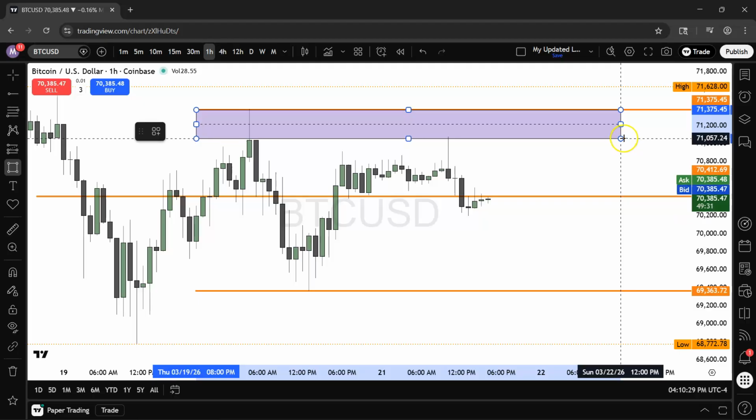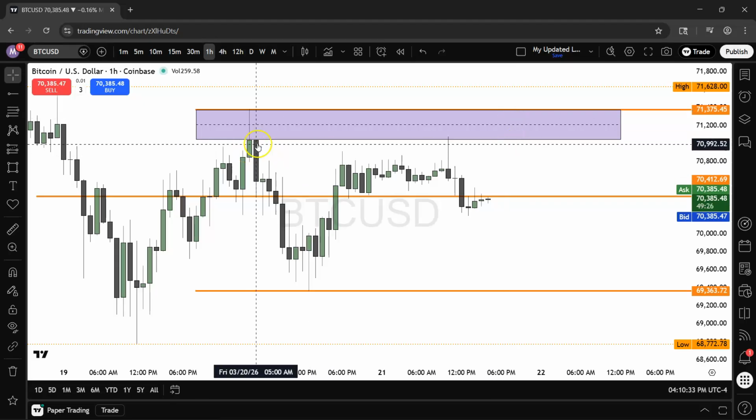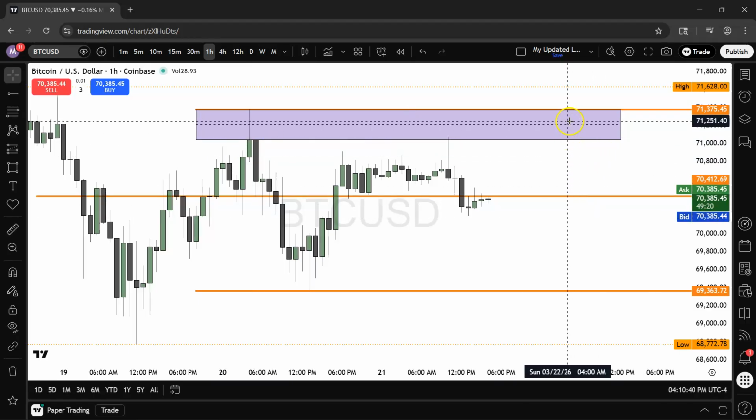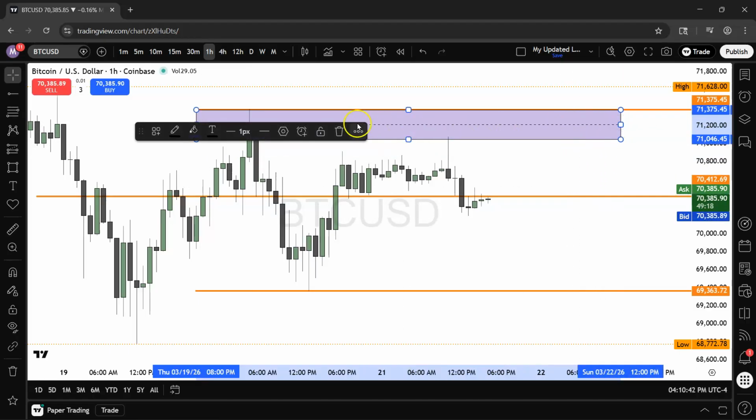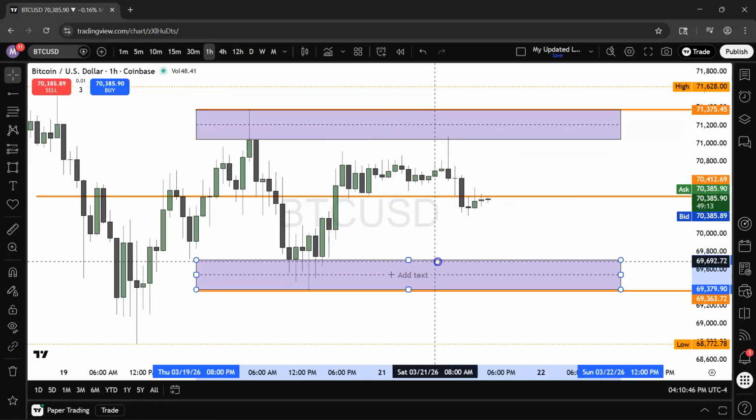So we have this long wick. I'm going to stretch this box to touch the top of that candle right here. Then I'm going to do the same thing. I'm going to clone this box and bring it down to the bottom.